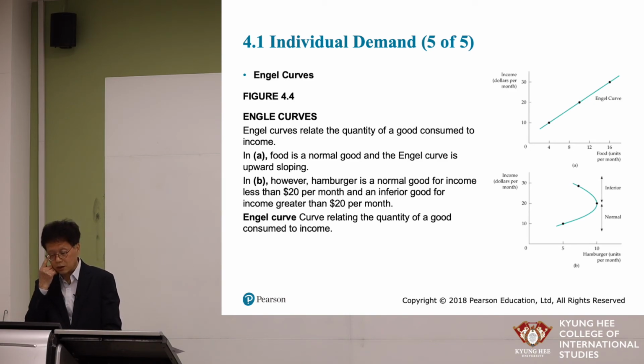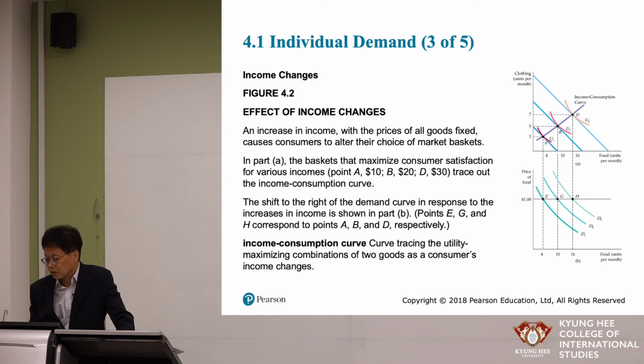Next slide. Now think about Engel curves. I'm sorry, Engel curves. The X variable is demand for food, consumption of food, and the Y variable is income. So how is this kind of Engel curve derived? Now think about this, right?